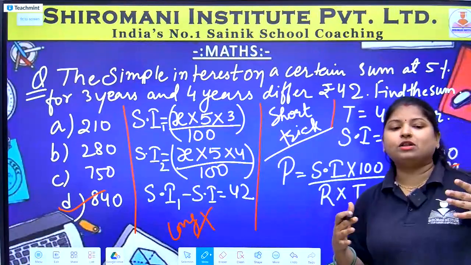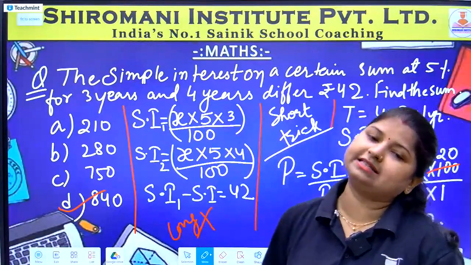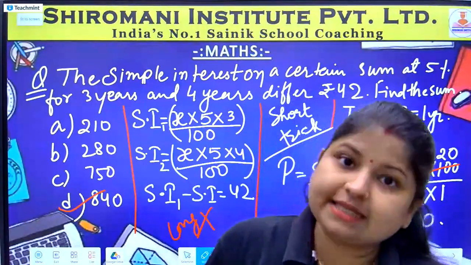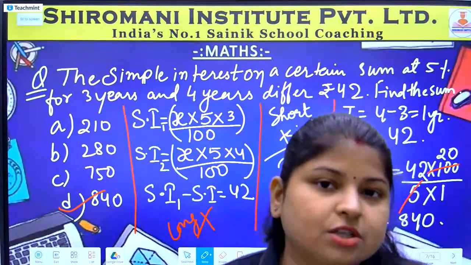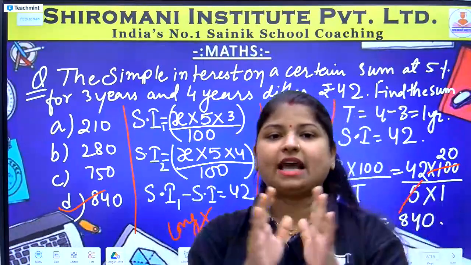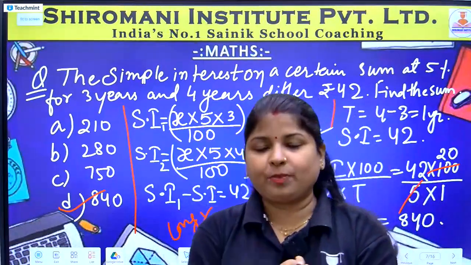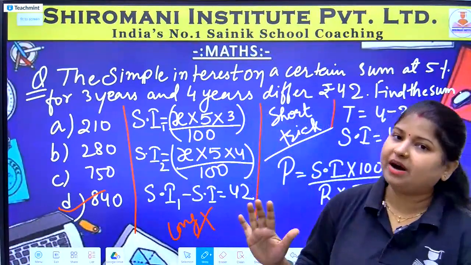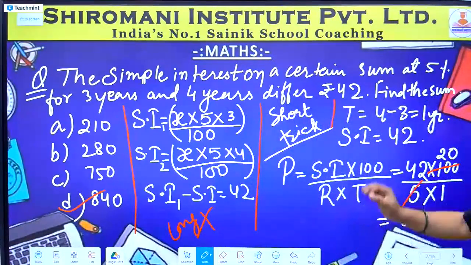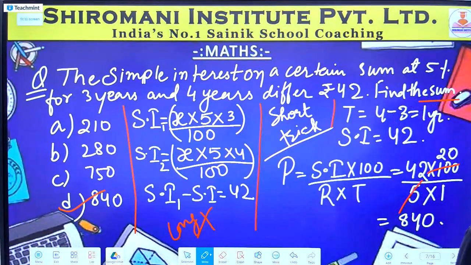I only know that if I calculate the simple interest for 3 years and I calculate the simple interest for 4 years. So the difference between them is 42 rupees and rate of interest is 5%. You can easily find the sum. Sum means the principal. Got it, Utkarsh? Yes, ma'am, the answer part.